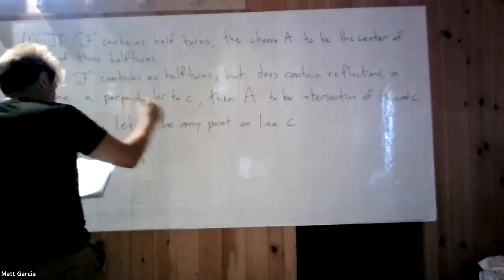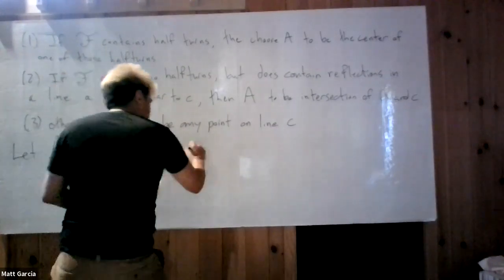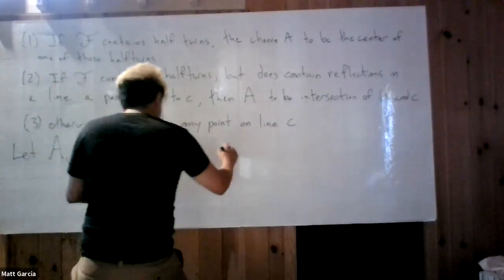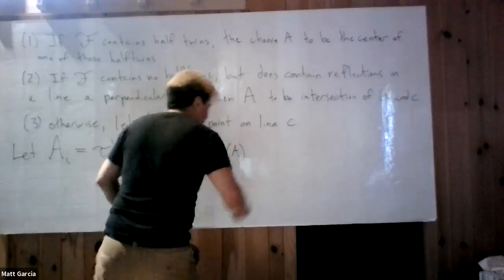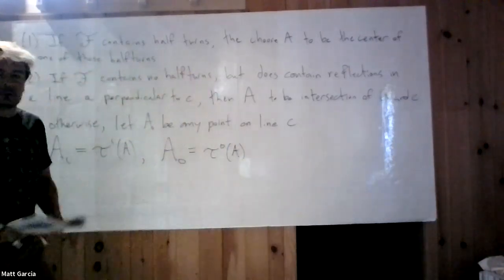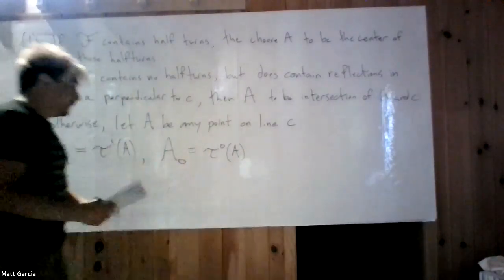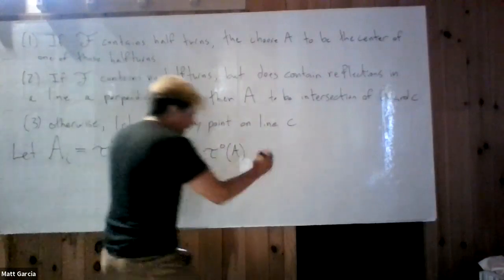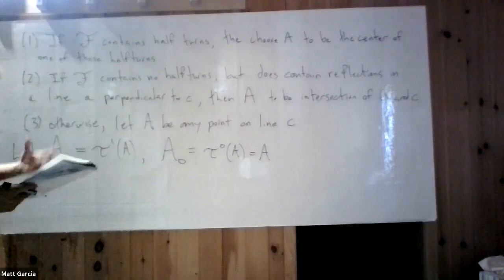And to make this notation consistent, we allow a sub 0 to be tau to the 0 of A. Usual rules of exponents apply for any group, so tau to the 0 is just the identity. That is to say, a sub 0 is just A.